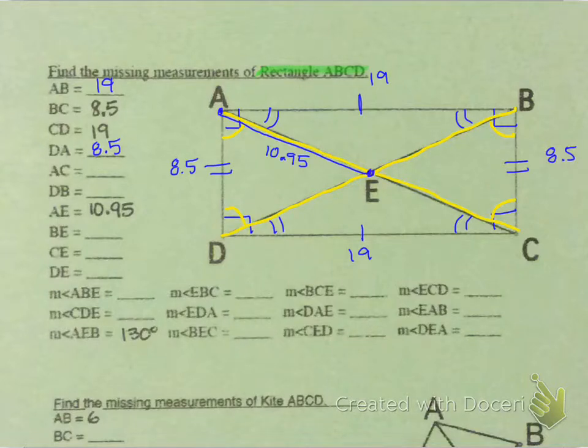So all their parts have to be congruent too. That means BE is 10.95, CE is 10.95, and DE is also 10.95. They're all the same size.